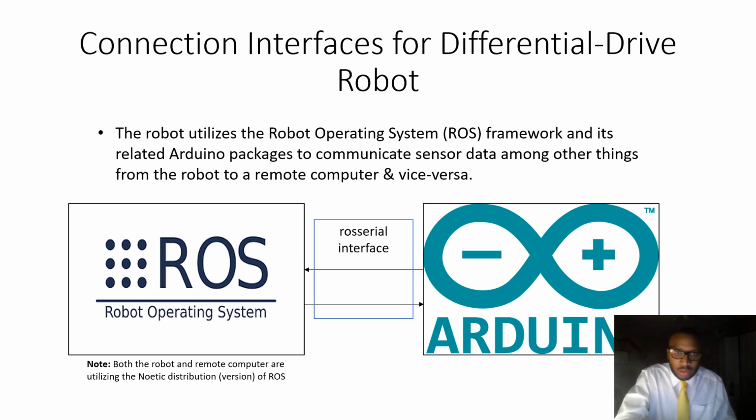I've created a small diagram which describes that this ROS framework is sending data to the two Arduinos on board the robot, and those Arduinos are sending data back to the ROS framework through an interface called ROS Serial. As a quick note, both the robot and the remote computer that I was utilizing in the study are using the Noetic distribution of ROS, which is just another version of ROS.